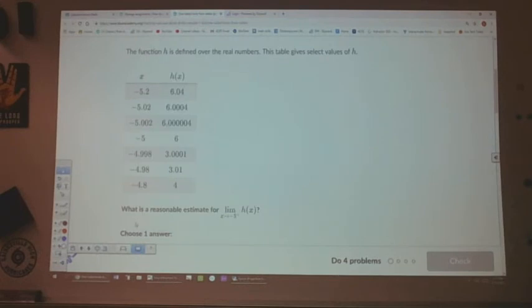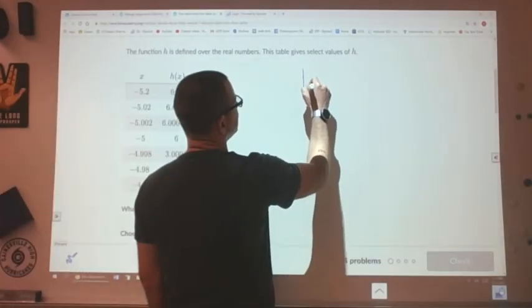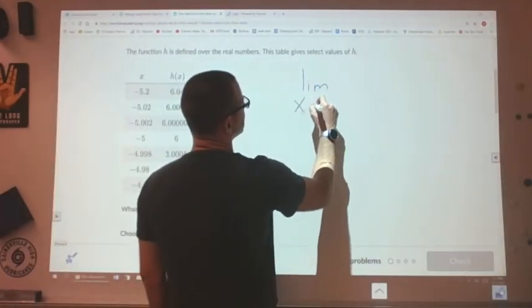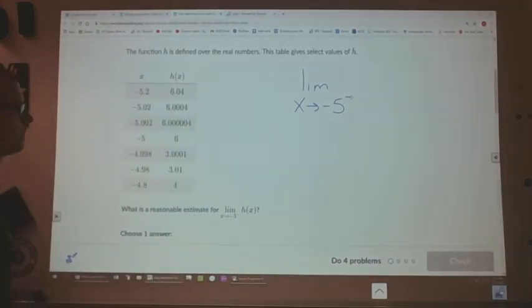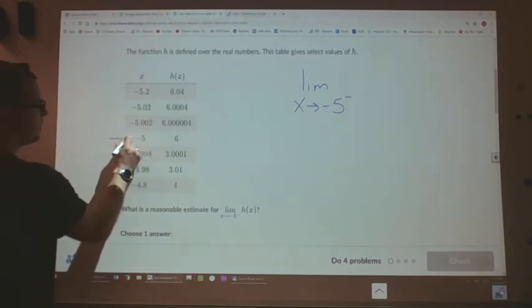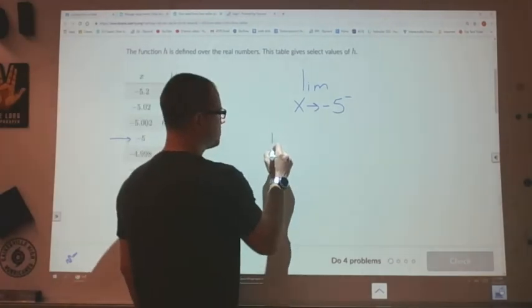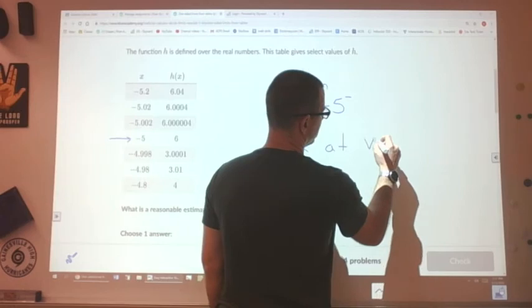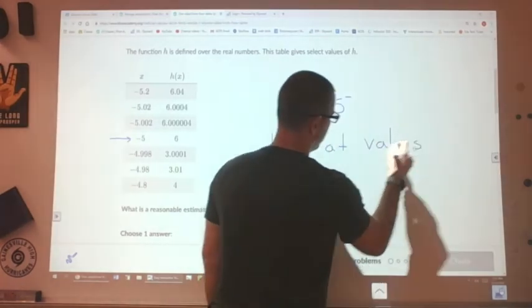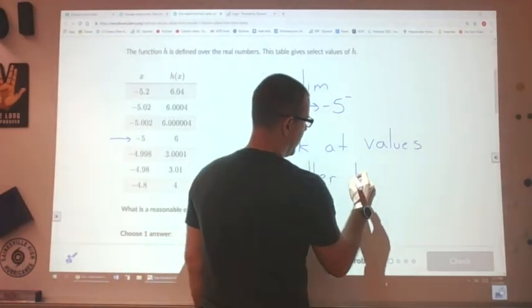So here we go. What is a reasonable estimate for the limit as x approaches -5 from the left? So here's -5. We want to look at the left. So we want to look at smaller values than -5.